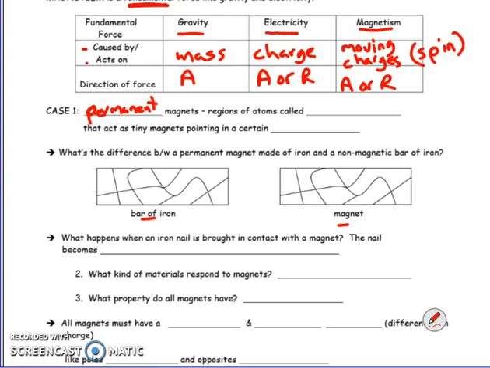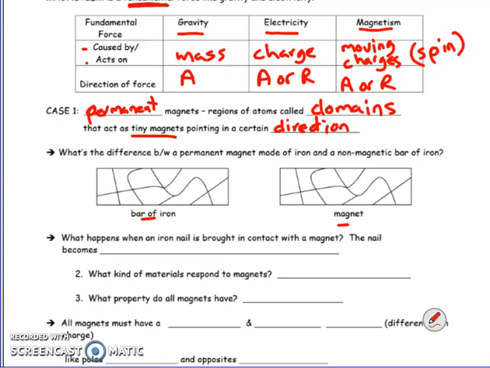If we were to take the macroscopic material and break it into little regions, and I've just randomly done them here, and in actuality they'd be much smaller than this. All right, we call those regions domains, not to be confused with domain from mathematics. And each domain acts as a tiny magnet pointing in a certain direction.